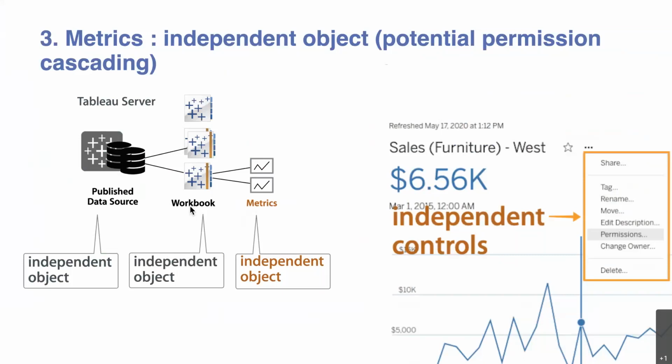The concept design is, if you allow them to download for data, it's okay for them to build new dashboards that share with another 20 people. Okay, possible. This is a potential permission cascading. Same thing here: the 3 of them have permission to your workbook, to your view, and they create metrics they can share with more people. Be aware of this cascading issue.